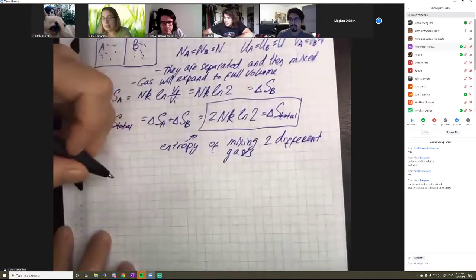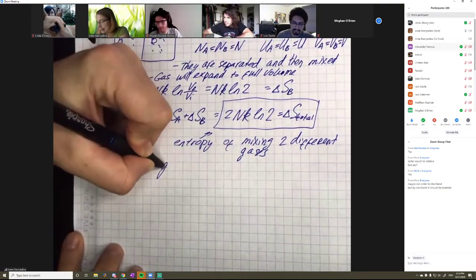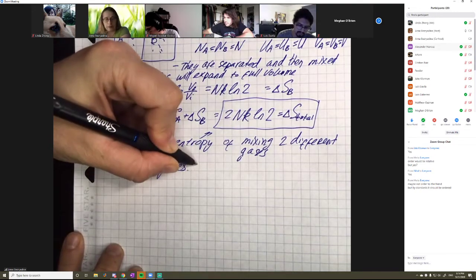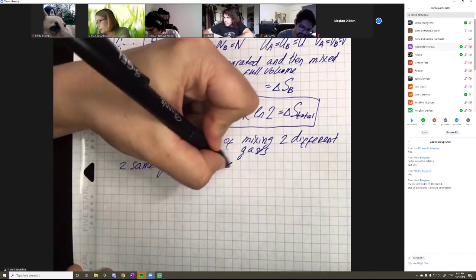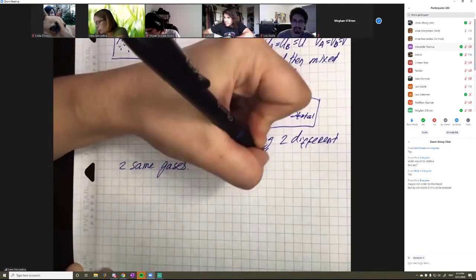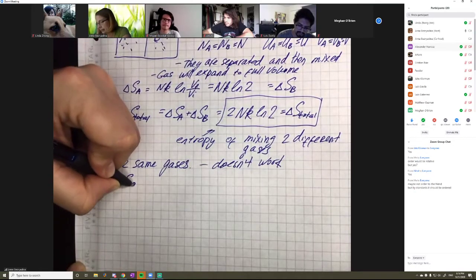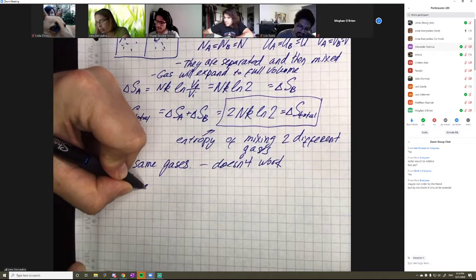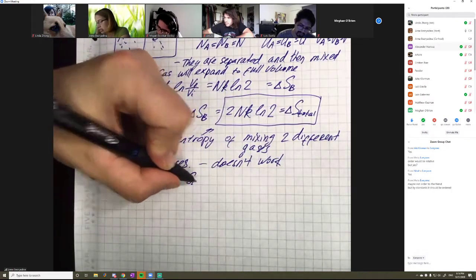So now let's look at two same gases. In this case we'll show it does not work. If we have the same gases, we look at S final minus S initial.